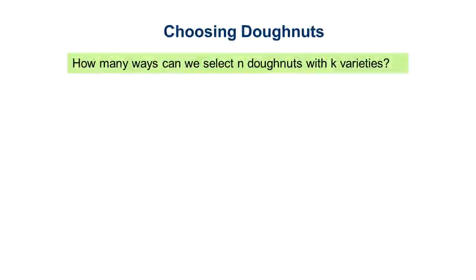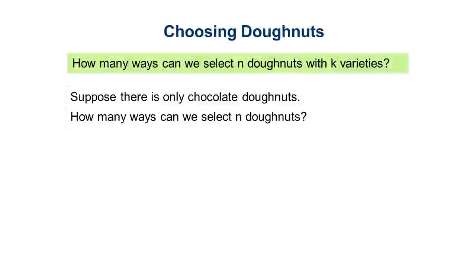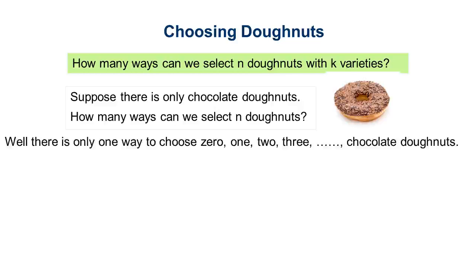How many ways can we select donuts with k varieties? Suppose there are only chocolate donuts. How many ways can we select n donuts? Well, there is only one way to choose 0, 1, 2, 3 chocolate donuts.